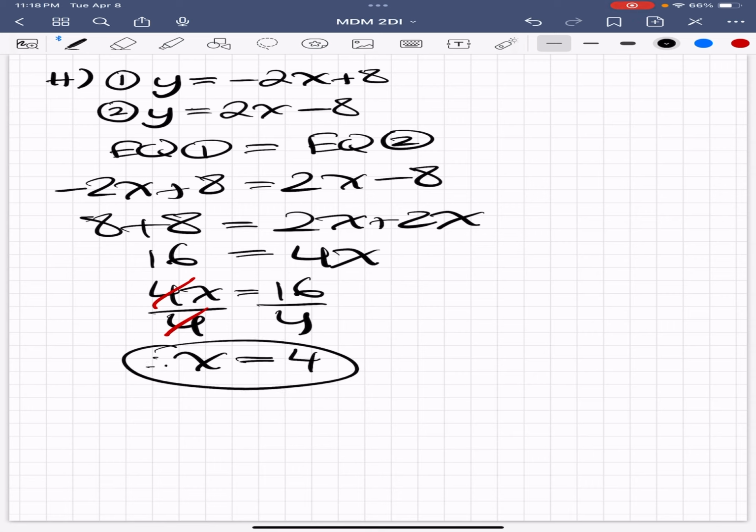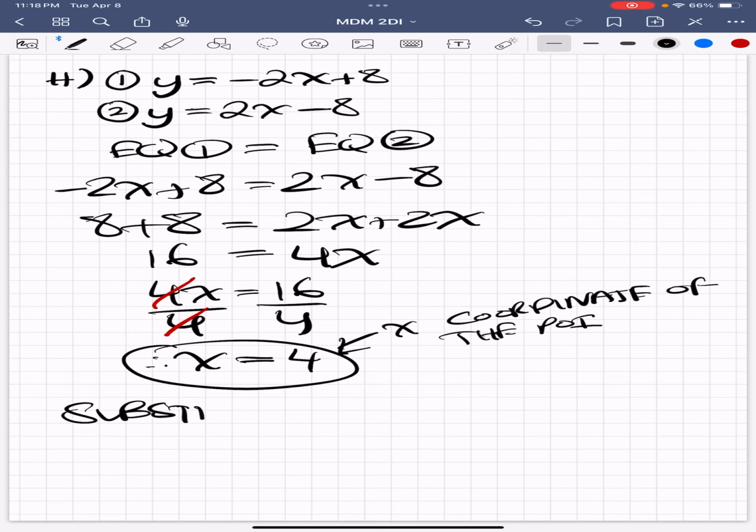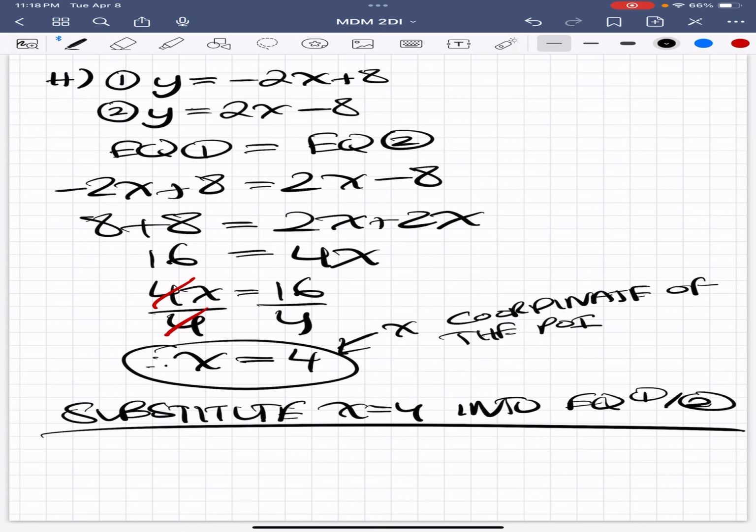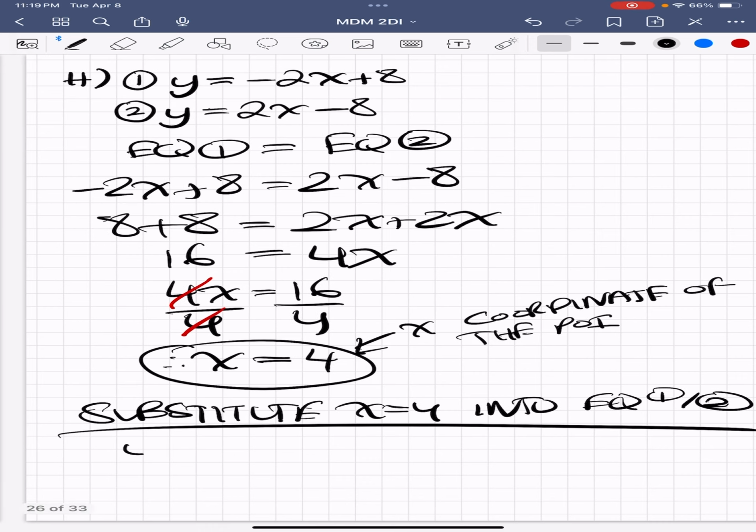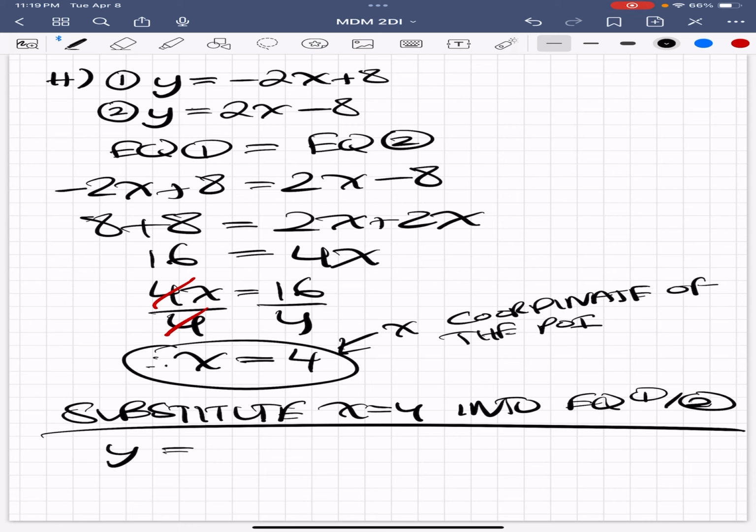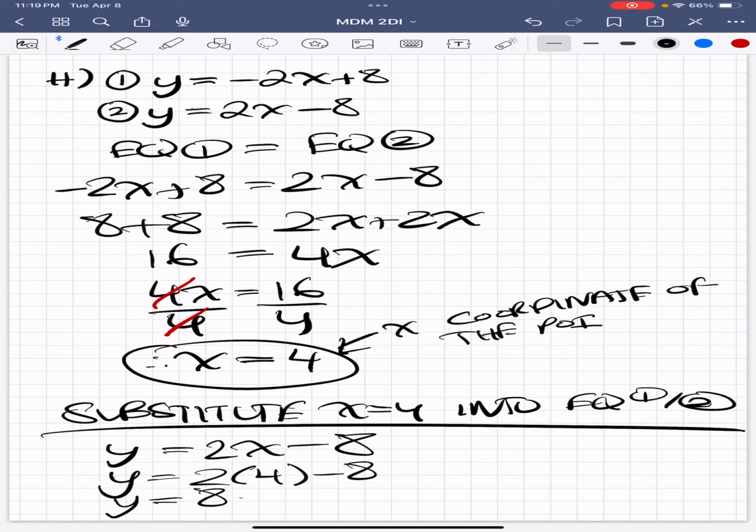And then we substitute our answer, x equals 4, into equations 1 or 2. Either will work. So we have y equals 2x minus 8. Y would be 2 times 4 minus 8. And then y would be 8 minus 8.